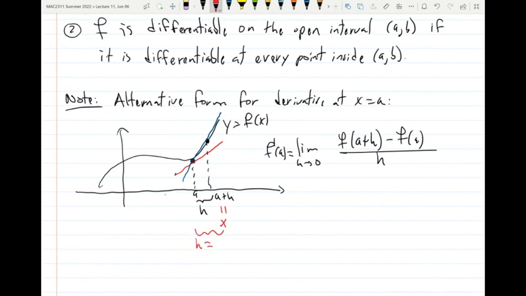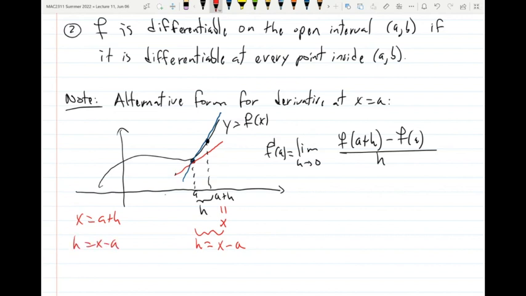Then h would be replaced by x minus a. Do you understand this? If this point is x, this distance here now is this one minus a. Yes? That's a little piece. And remember, h represents this piece over here. And if you want, you have that x equals a plus h, so h is x minus a. Just move the a up.